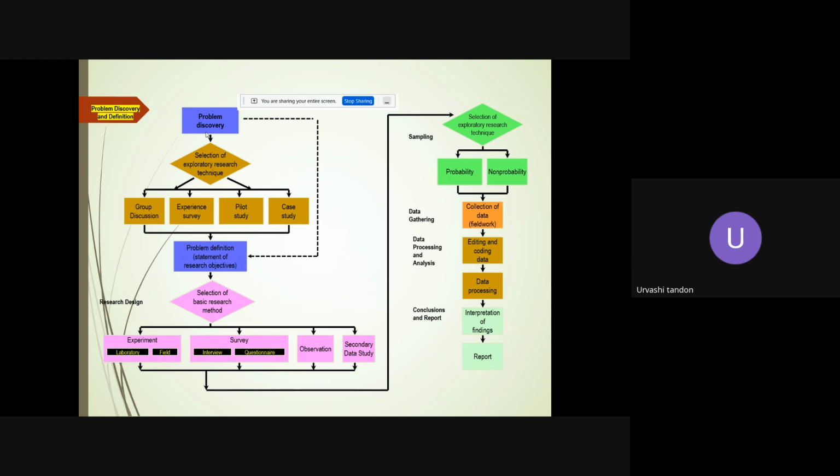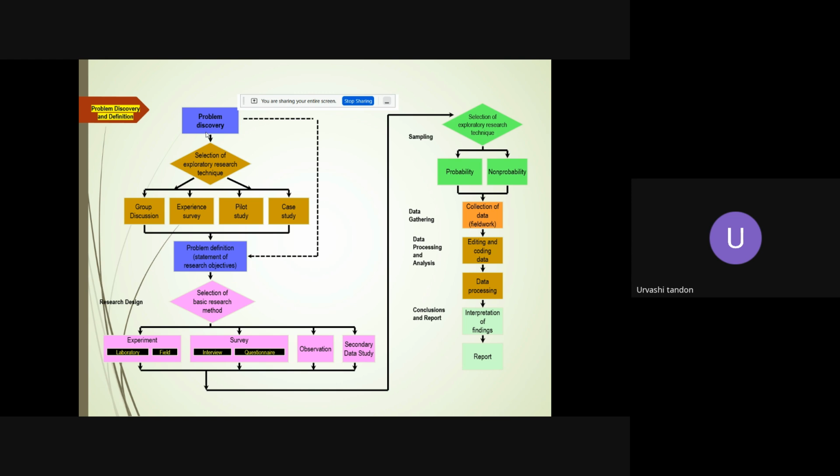Then we select the basic research method, we go for sampling, then data, then data processing, data analysis, and finally the report. But when the first step itself is wrong, the entire process, which is spanned over 3 years, is going to be futile. So problem identification and discovery is a very, very important part of your research.